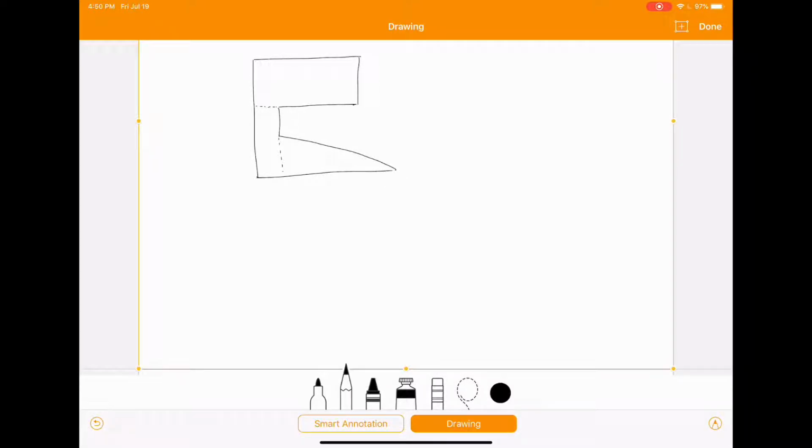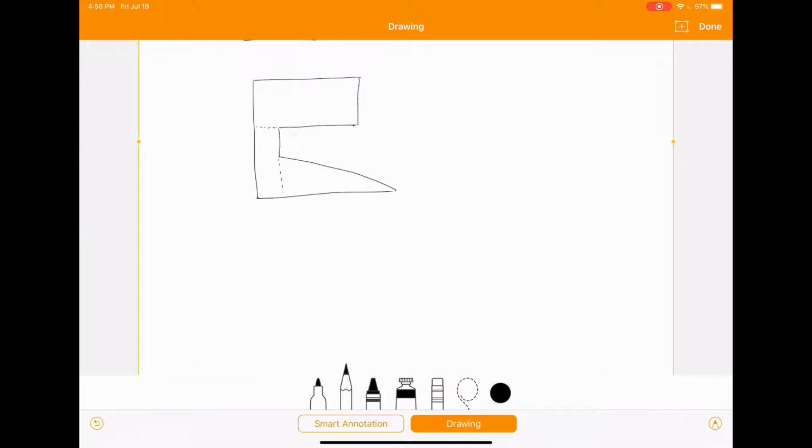So, what we're going to do, let's just go ahead and continue with this shape here. Let's add some dimensions, and we'll turn this into an example. Let's make that 4 feet.